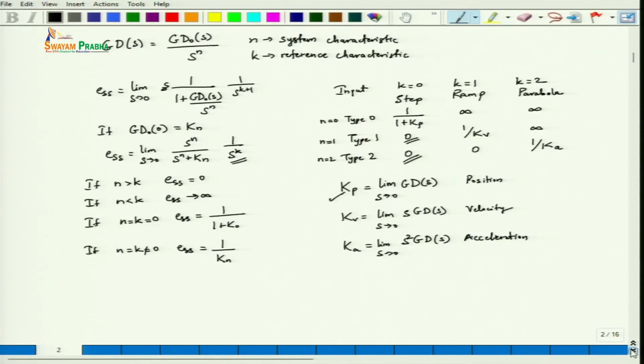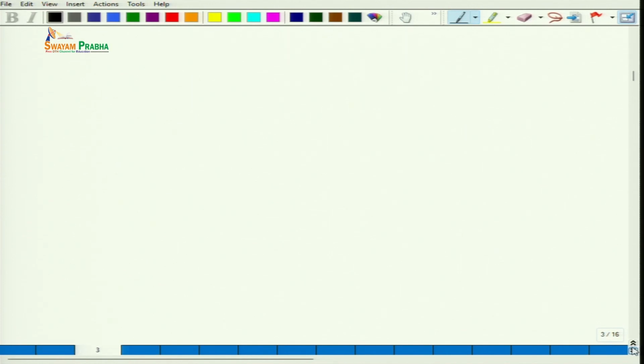So far we have understood this table and, given a polynomial reference input, what kind of system will give us which kind of error. Now we will consider a few examples.